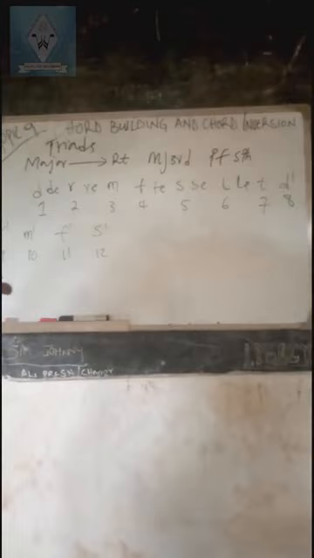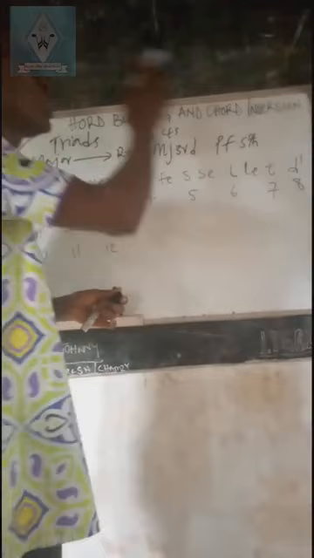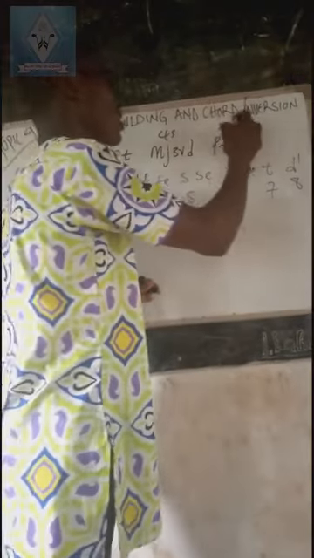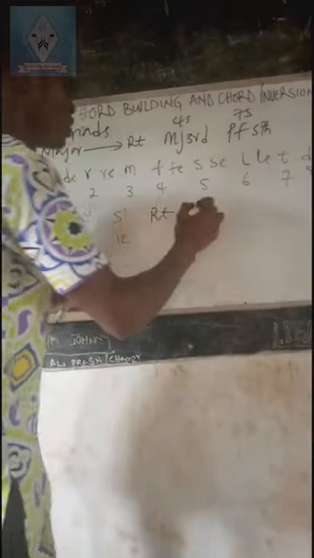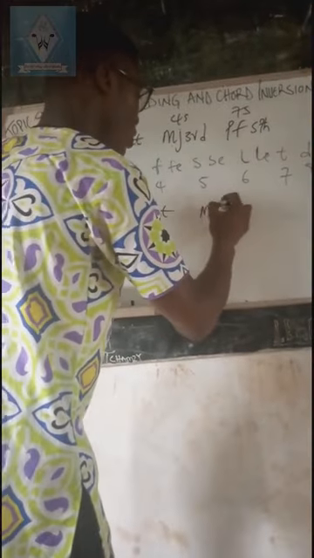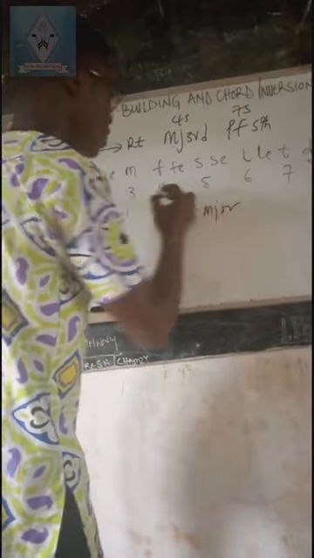And we know that a major third from the root is 4 semitones, and a perfect fifth from the root is 7 semitones. Now, from the root to the major third is 4 semitones.